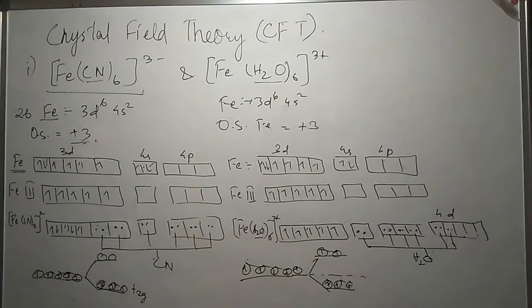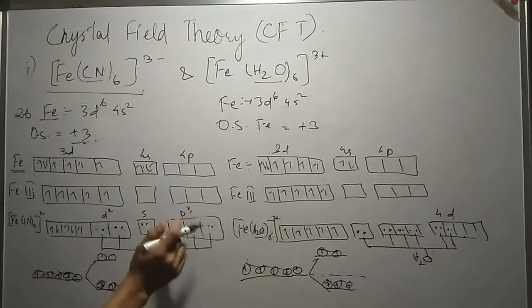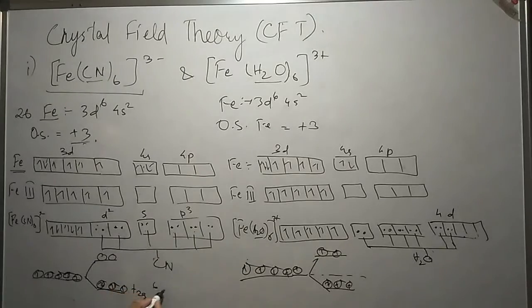Now in the complex formation, the hybridization involved is inner, d2sp3. So 1 2 3 4 5 6, 6 d2sp3 hybridized orbitals are formed.